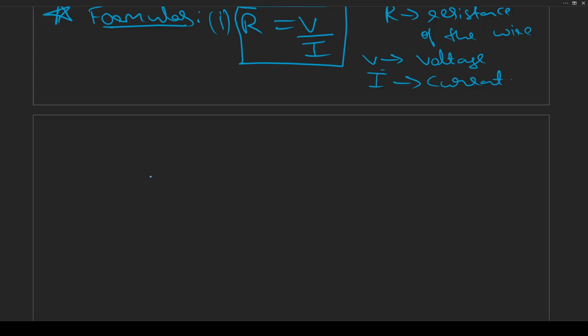Now, the second formula for this experiment is the resistivity of the material, which is denoted by rho.